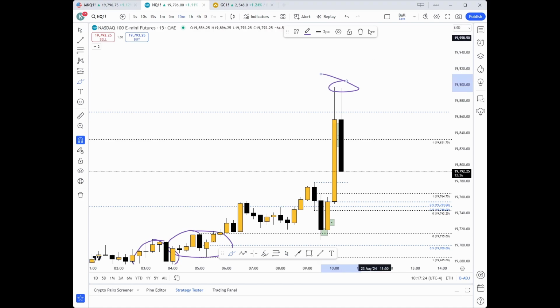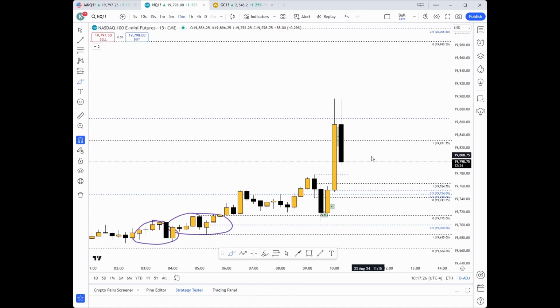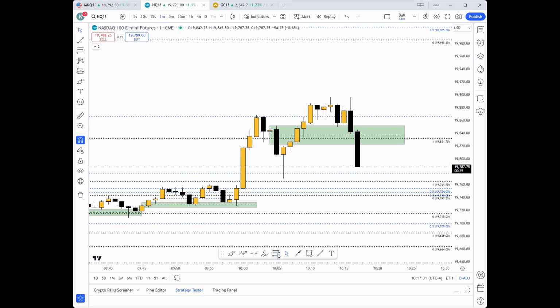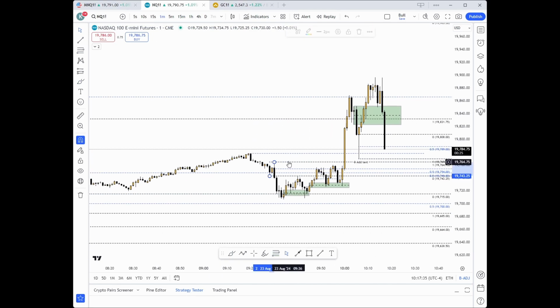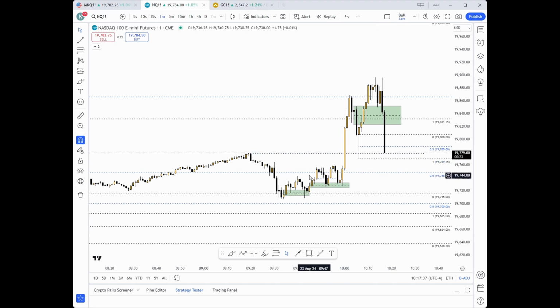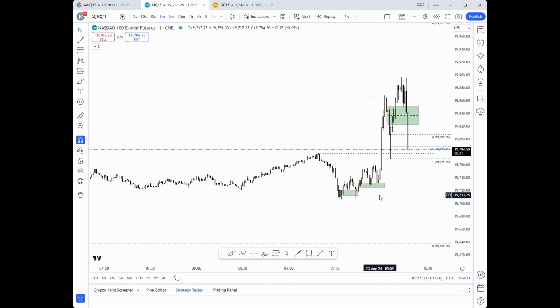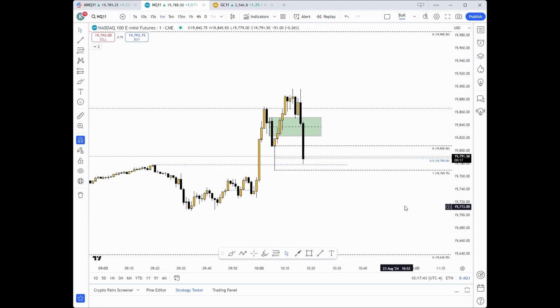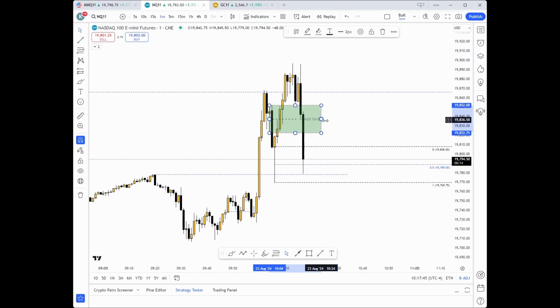Still haven't taken here. I'm sitting on my hands right now. Look at how much nonsense I have on my chart. Get rid of this. Get rid of this. Get rid of that. Get rid of these. Probably get rid of that too.